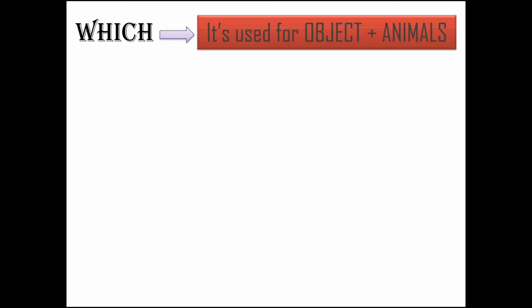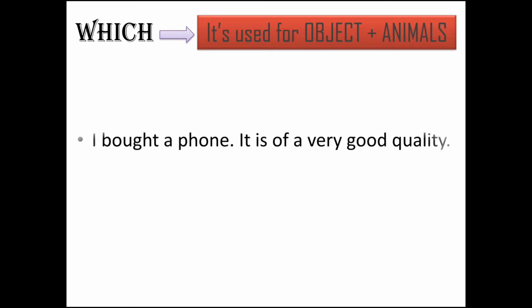The other relative pronoun is which. We use it for objects and animals. As an example, I bought a phone. It is of a very good quality. So in these two sentences, we are talking about the phone. So phone and the subject pronoun it refers to the phone.